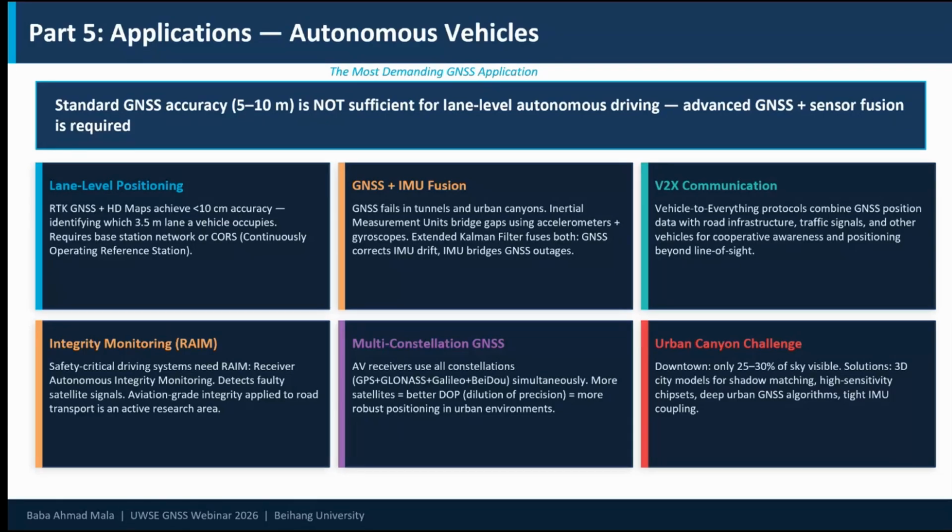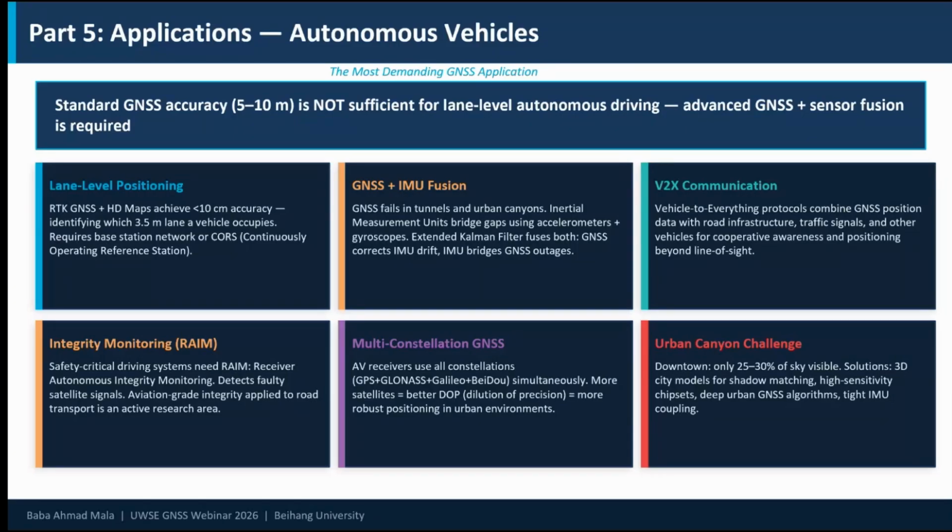So the recipe for lane level accuracy is to achieve a low centimeter error. How they do it: first they use GNSS RTK plus an IMU, that is GNSS plus IMU.